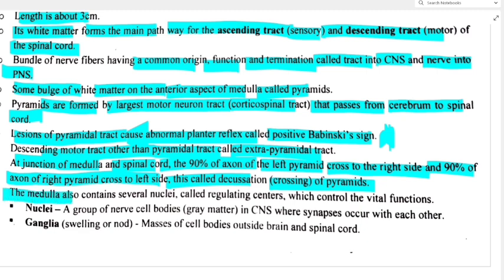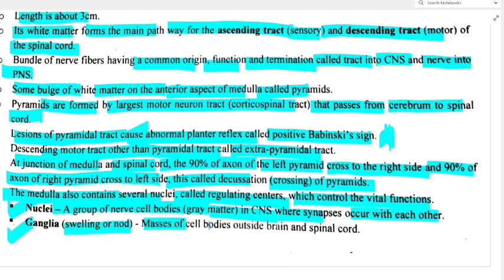The medulla also contains several nuclei called regulating centers, which control the vital functions. See, nuclei are groups of nerve cell bodies or grey matter in CNS where synapses occur with each other. And ganglia are swellings or nodes, masses of cell bodies outside brain and spinal cord.